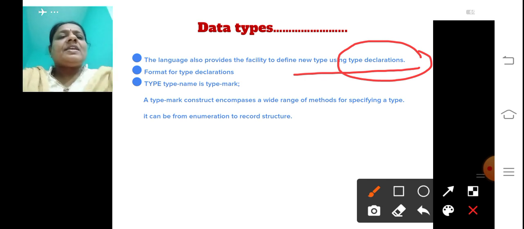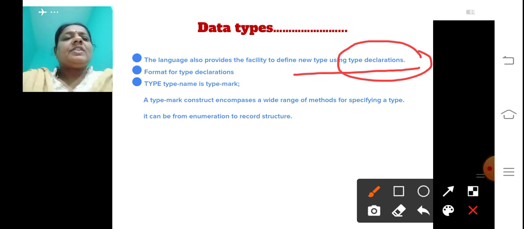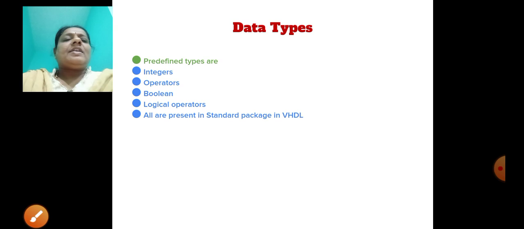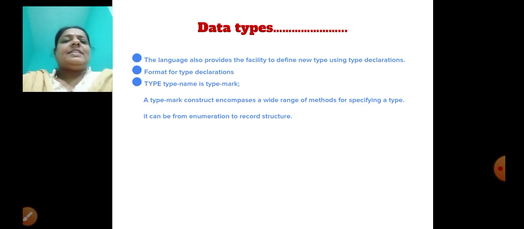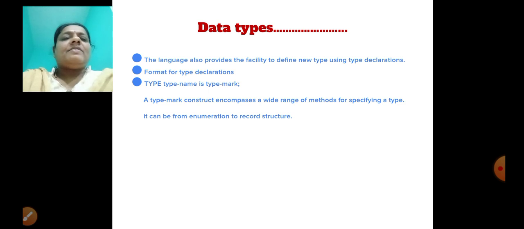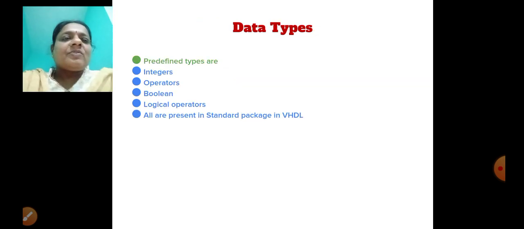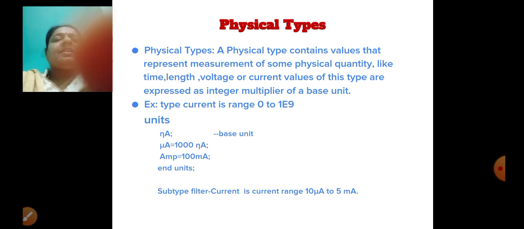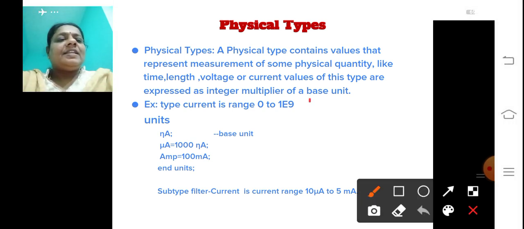Here I have written the syntax for the type declaration also. How do you write a type declaration? You just have to use the keyword type. Using that keyword we create our own data type. For that, go to the example of the physical data type.